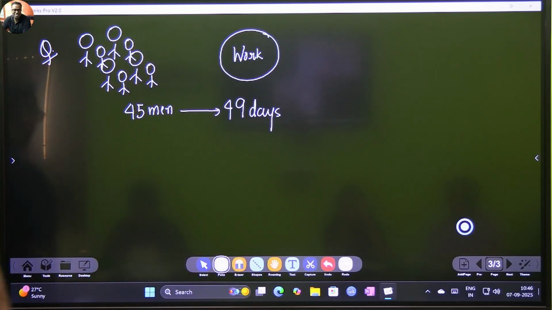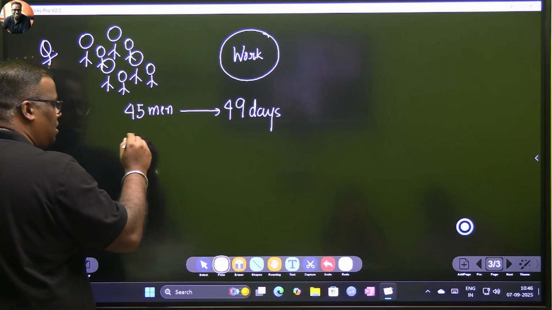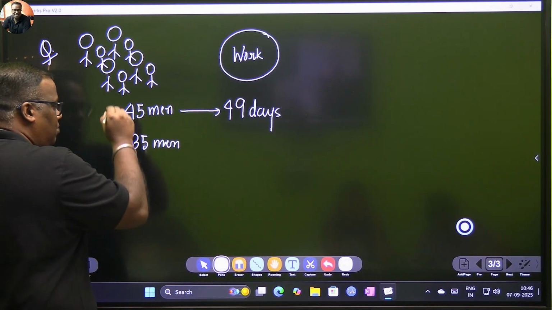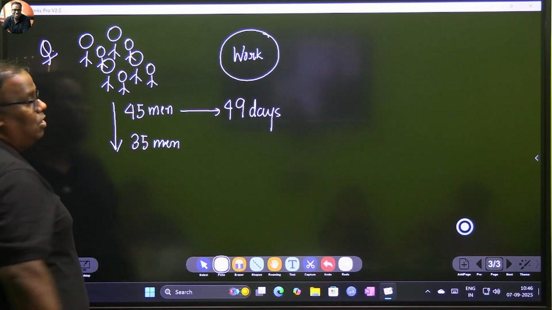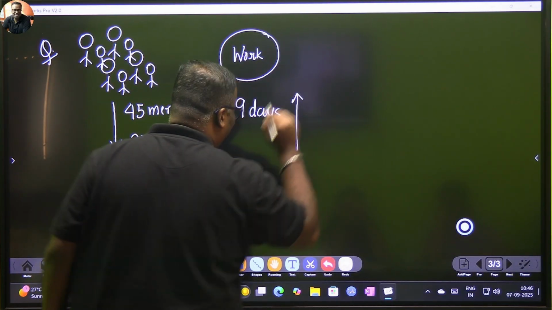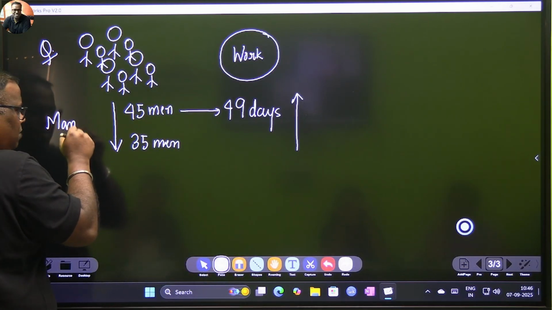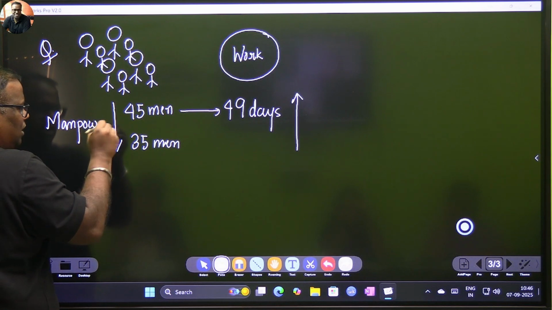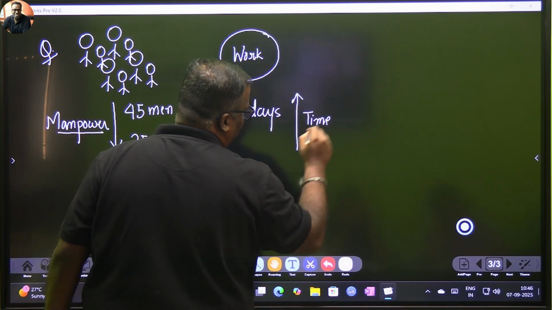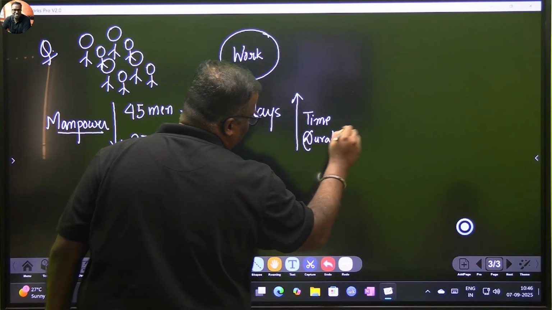Have you understood? Now what we have done, manpower has been brought down. So what do you think in time? The number of days will increase. This is what I want from you. So this problem is a fight between manpower versus time, or you can use a better English word, duration, or somebody might use number of days.